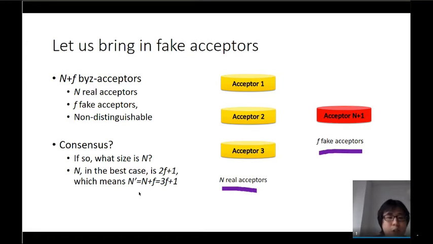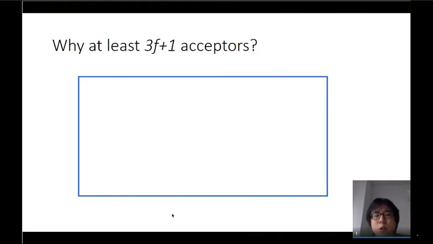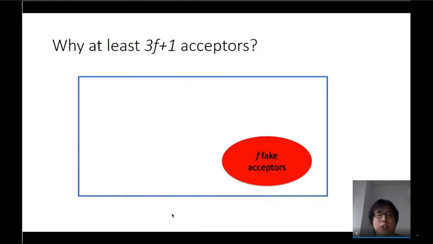I will just give the conclusion. In the best case, we need 2F plus 1 real acceptors to tolerate F fake acceptors, which means in total we need 3F plus 1 acceptors. And why is this? Why do we need 3F plus 1 acceptors? This is actually not difficult to think about. Let's assume we have a collection of acceptors and we have F fake acceptors here.